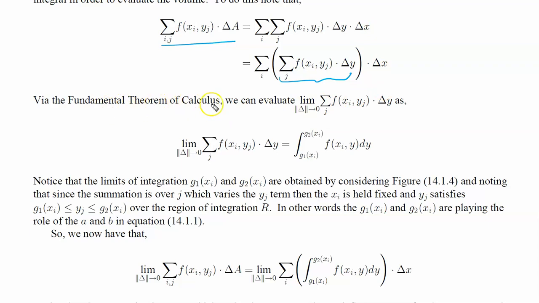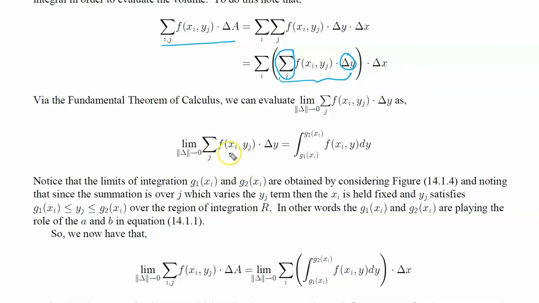Now, by the fundamental theorem of calculus, if we let the size of our little rectangles go to 0, or the number of partitions of the y and x axes go to infinity, this is going to turn into an integral with respect to y.